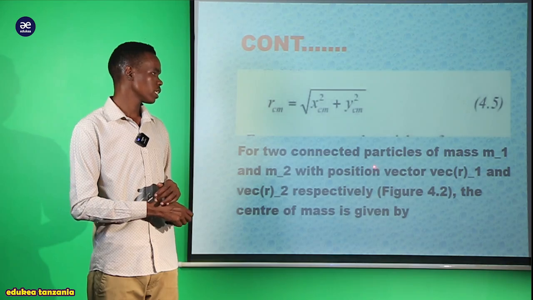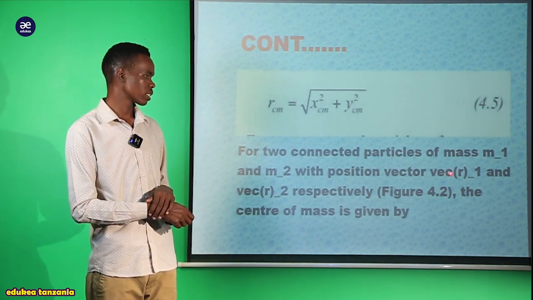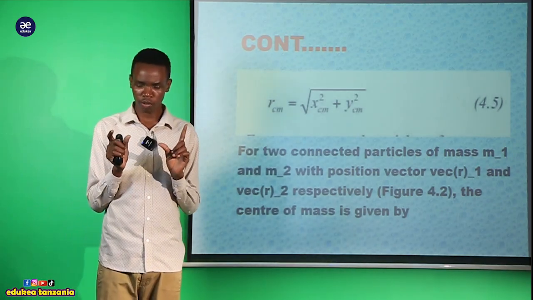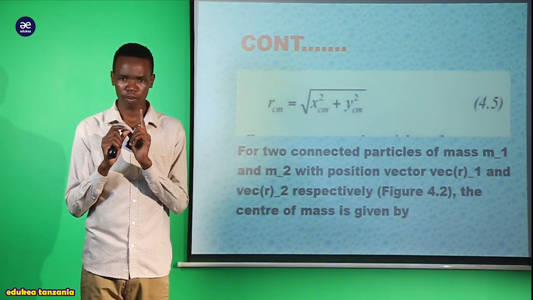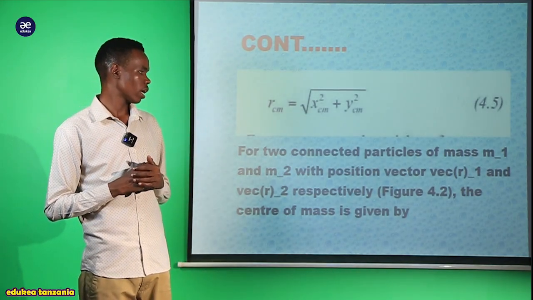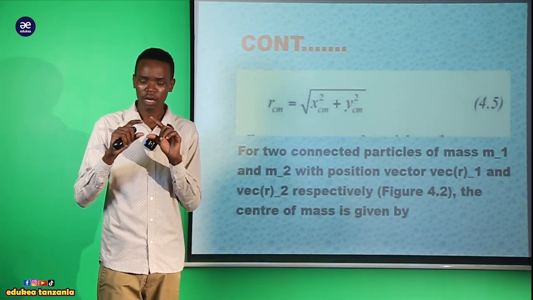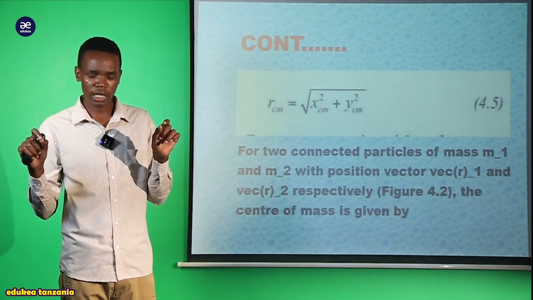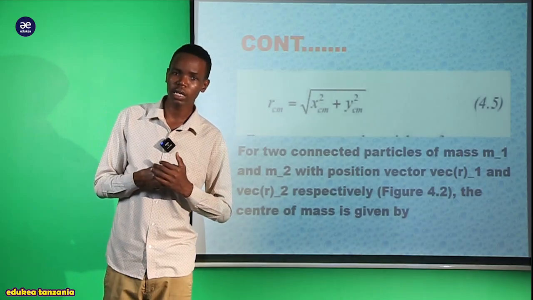So for two concentrated particles of mass 1 and mass 2 with position vectors, it is as follows. If we have two concentrated particles, let us say we have an irregular shape, and inside the irregular shape we have two particles connected to each other. They must contain their masses.